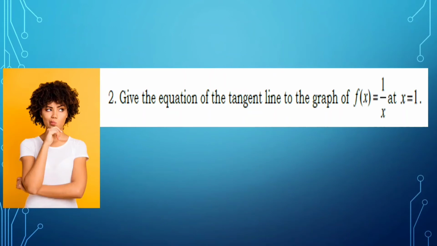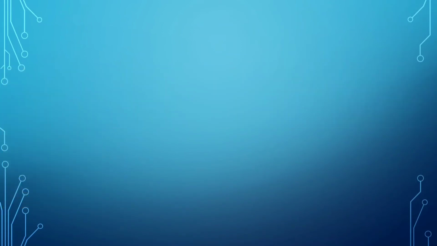From the given question, identify the given. We have the function 1 over x and the value of x, which is equal to 1. We have to find the value of y. If we substitute the value of x in that function, the value of y is also 1.